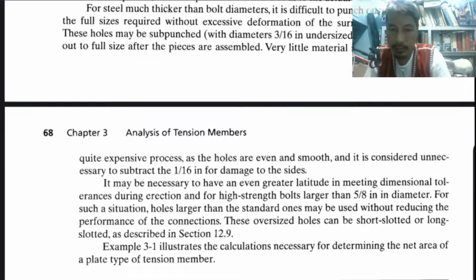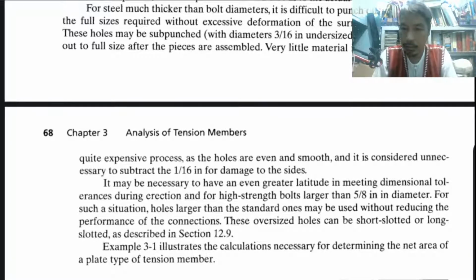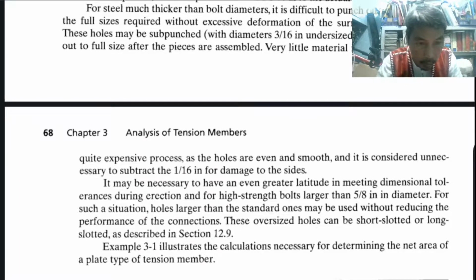So for high-strength bolts larger than 5/8 inch diameter, can you compute? Let us show our Casio calculator.